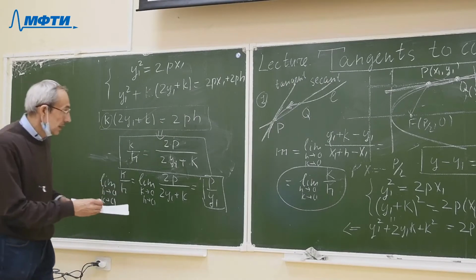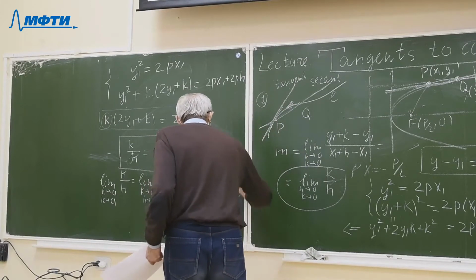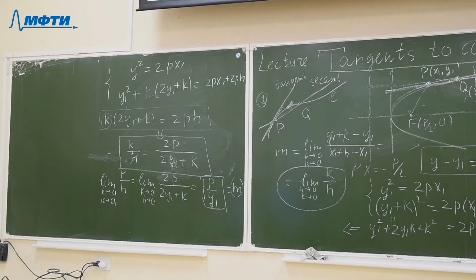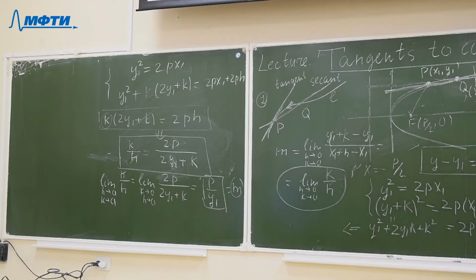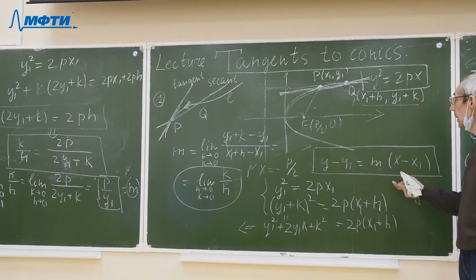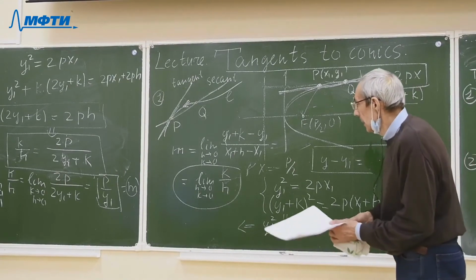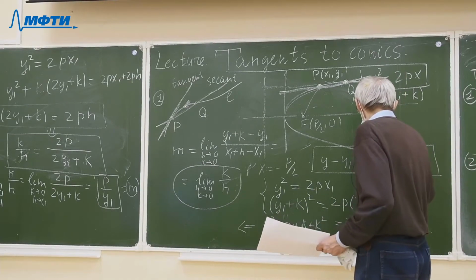And after that we can substitute the expression for m in our equation of the straight line which passes through the point with coordinates x1 and y1 and has a slope m, and the slope is equal to the ratio p to y1.